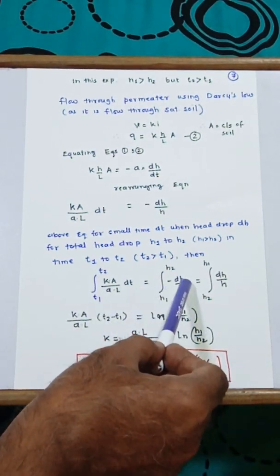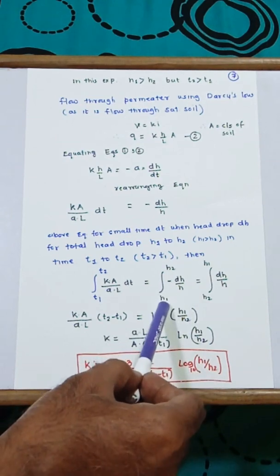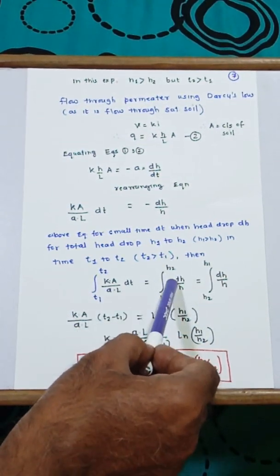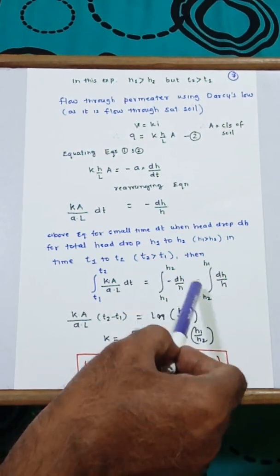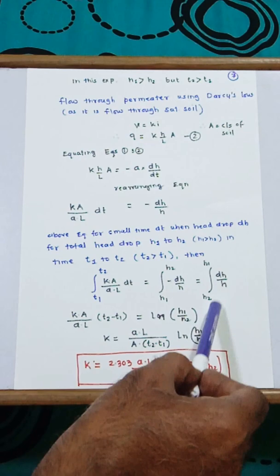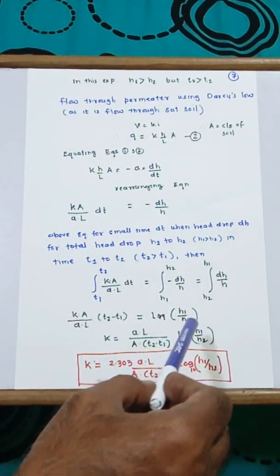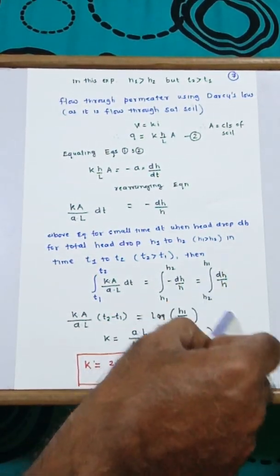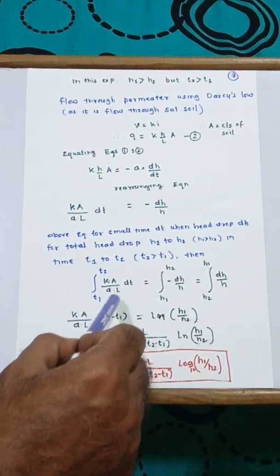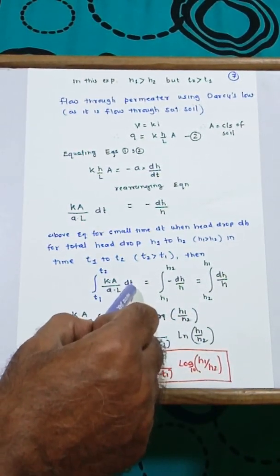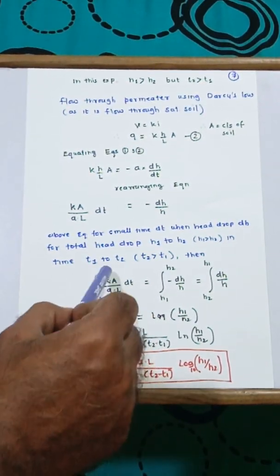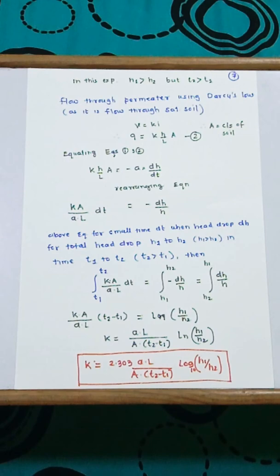The right hand side is with respect to h, h2 to h1. By the property of integration, if I eliminate the minus, the limits get reversed, so h1 to h2 of dh upon h. The integration of the right hand side gives the log of h1 upon h2, and the integration of dt, the others being constants, is by substituting the limit t2 to t1.